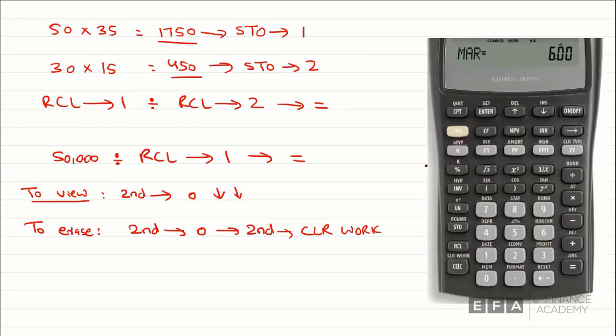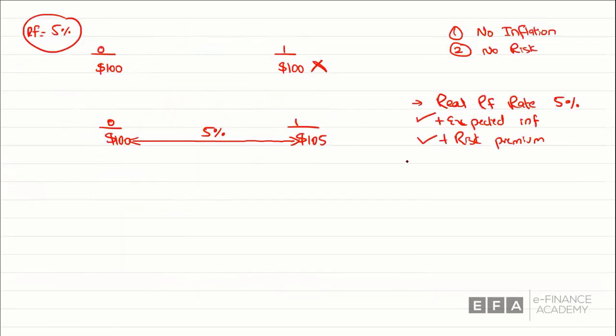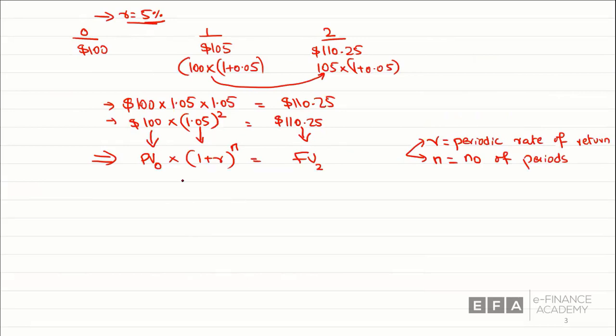If we want to do the time value of money calculations, then this would be one of the essential rows or keys that we would be inputting. If I take you back to the formula that we produced earlier, and I said we would be coming back to this formula over and over again, which was this: present value times 1 plus R, which is periodic R, to the power of number of periods, and that gives us the future value.